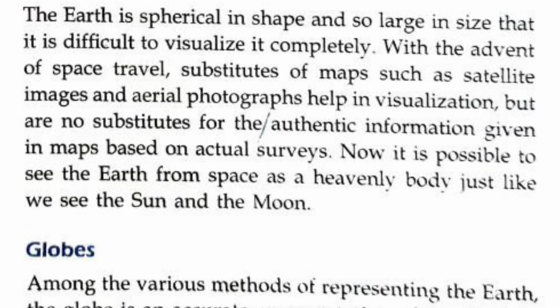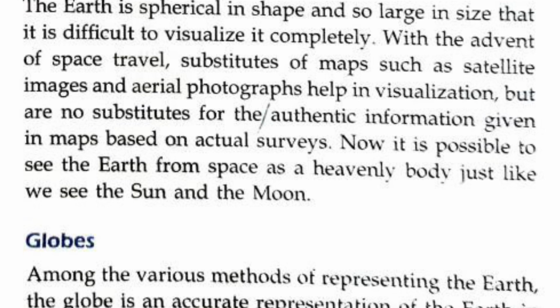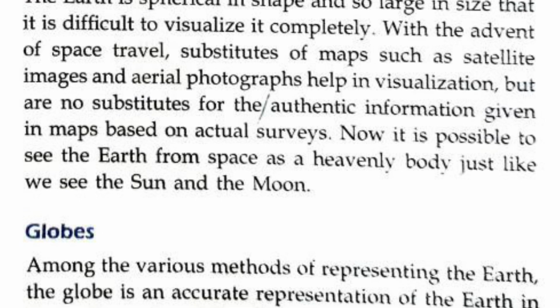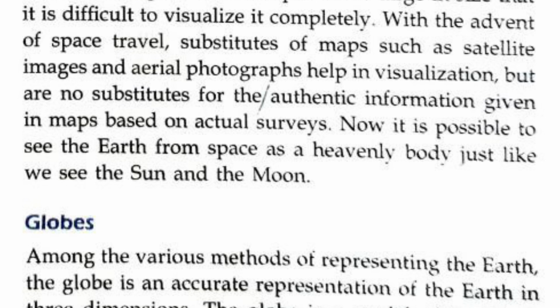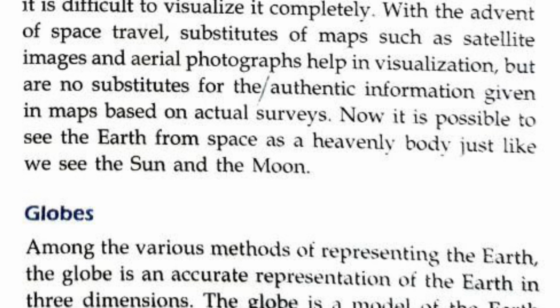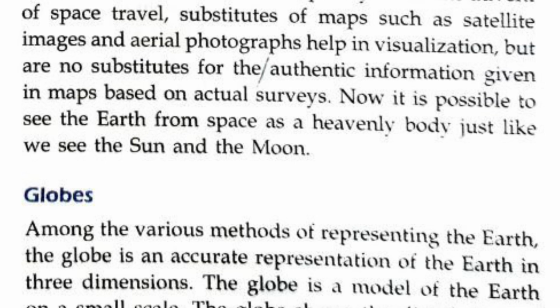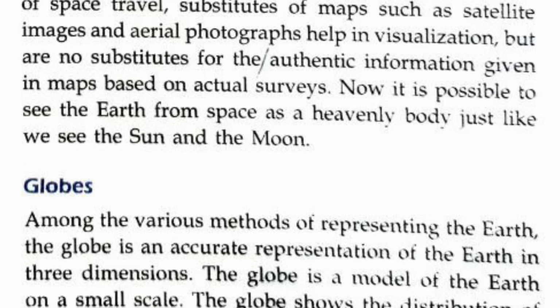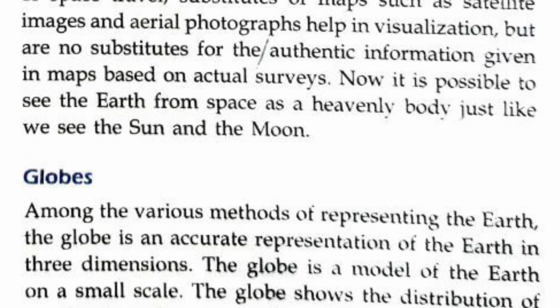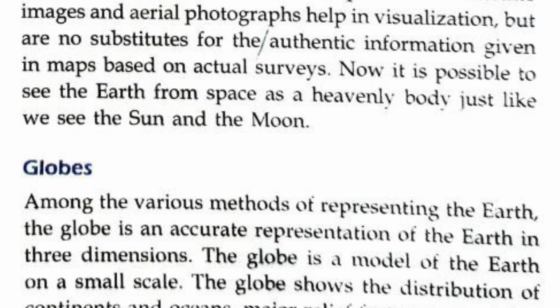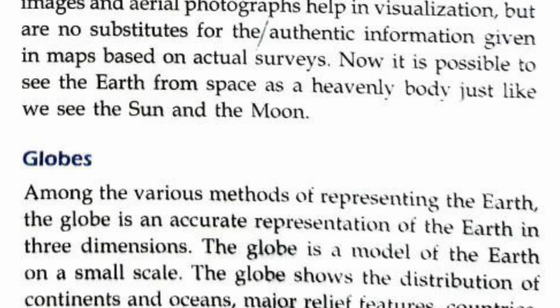Among the various methods of representing the earth, the globe is an accurate representation of the earth in three dimensions. The globe is a model of the earth on a small scale.